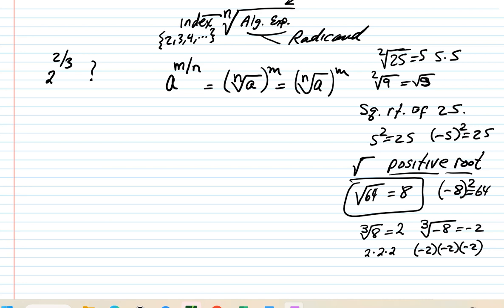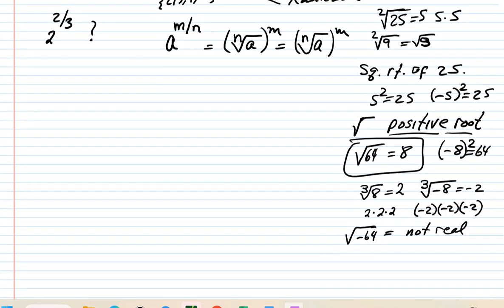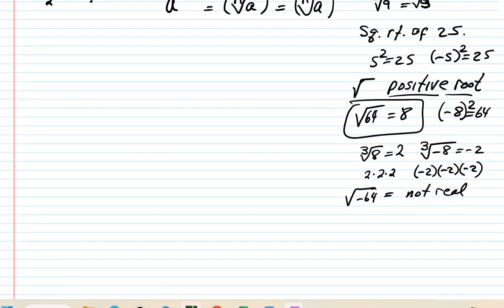In the case of square roots, if we have a negative radicand, we said that this is not real, because it is impossible to get a real number times itself to be negative. Negative 8 times negative 8 is a positive 64, and of course 8 times 8 is also positive. So regardless of whether the number is positive or negative, the product is always positive.